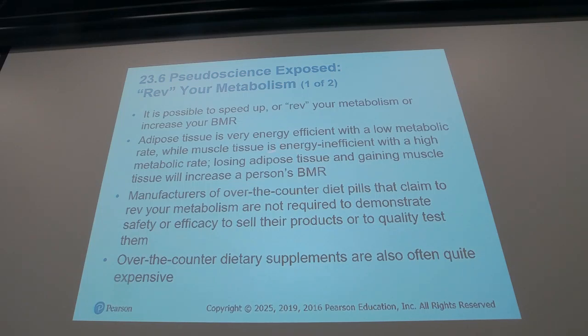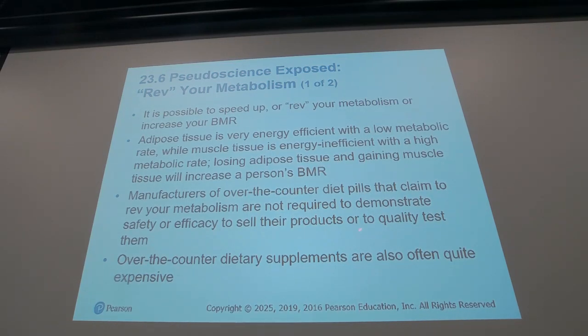Now, it is possible to rev up your metabolism or increase your basal metabolic rate, of course, if you increase your body mass in muscle. One of the reasons why males consume more calories per gram of tissue is because they have greater density in their muscles than females.